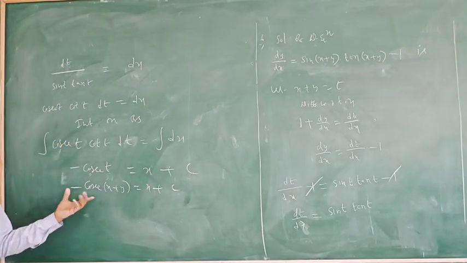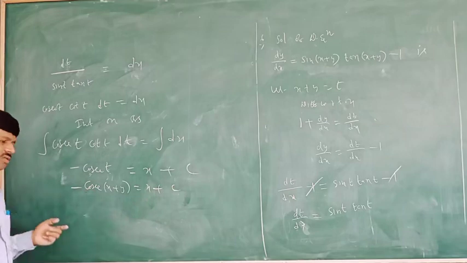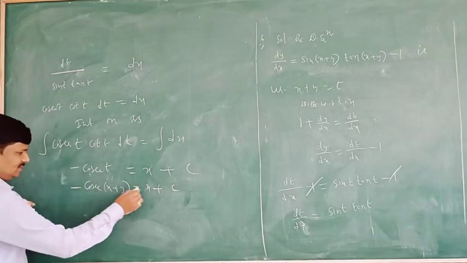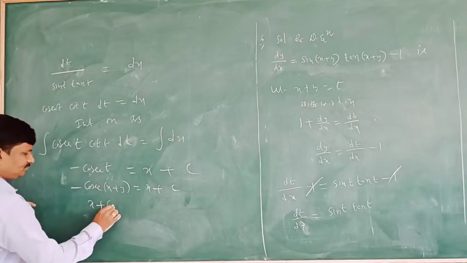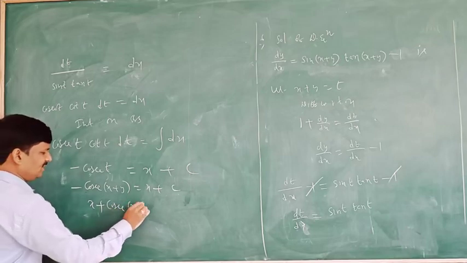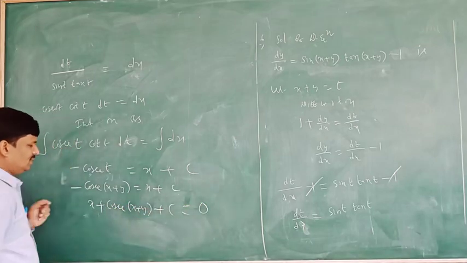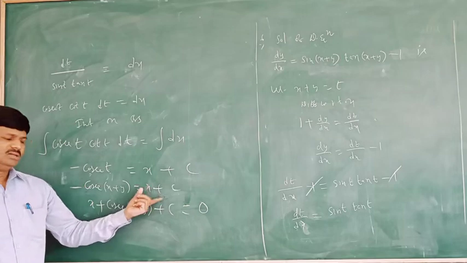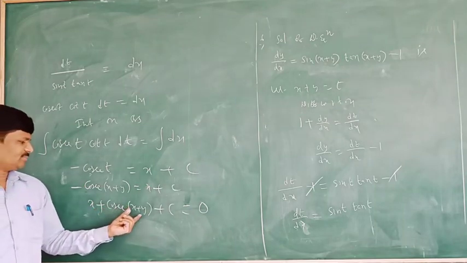Cosecant t means cosecant of x plus y. If you want to simplify the minus sign, transfer it to that side: x plus cosecant of (x plus y) plus c equals 0.